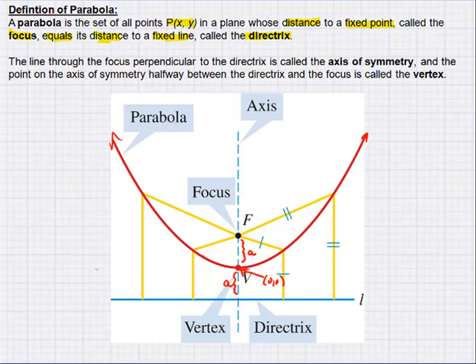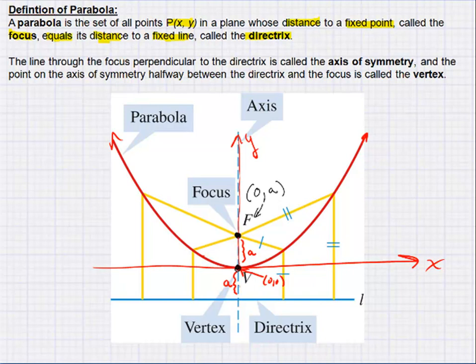So that means the x-axis is right here, and this axis of symmetry to the parabola is the y-axis. Well, if this is 0, 0 right here, and this distance is a, the focus should be (0, a), the coordinates for the focus. And if this is a, and this point is 0, 0, then this on the y-axis should be at negative a, which would make the equation of this line, this directrix, y equals negative a.